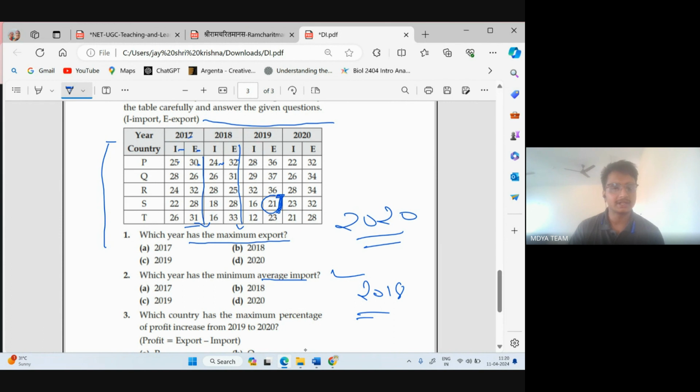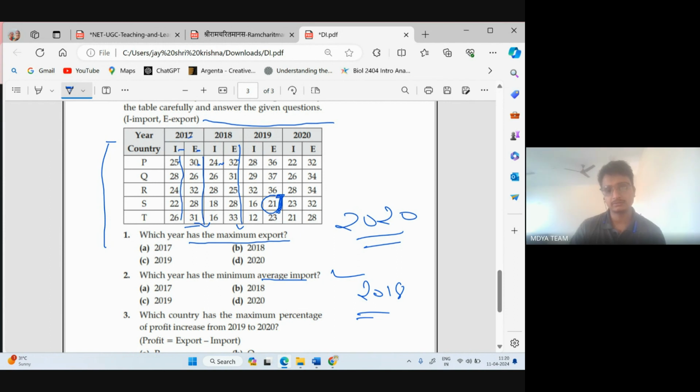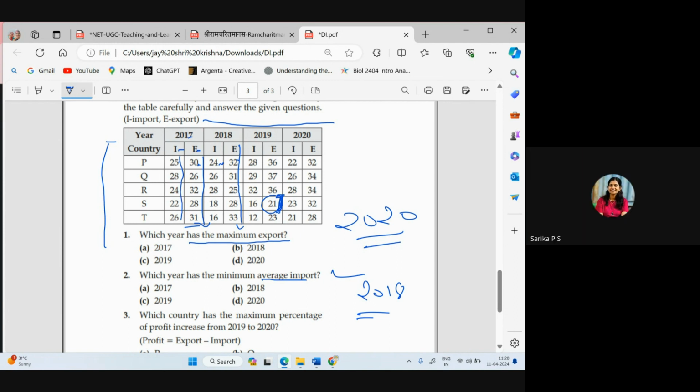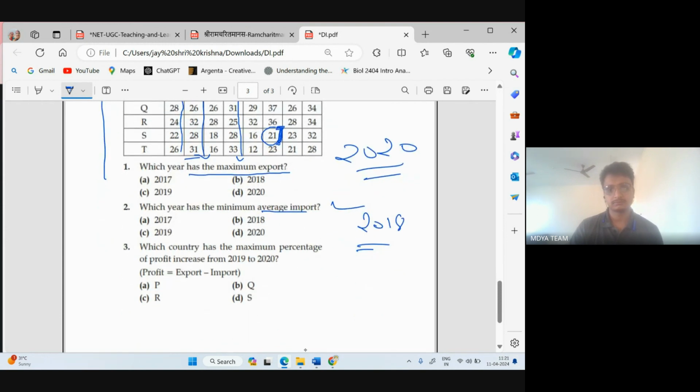You know how to calculate the average, we learned it yesterday. How to calculate average import for 2017? Add all these values and divide by the number of values, divide by 5. Is it clear to everyone? Any question, you can ask.